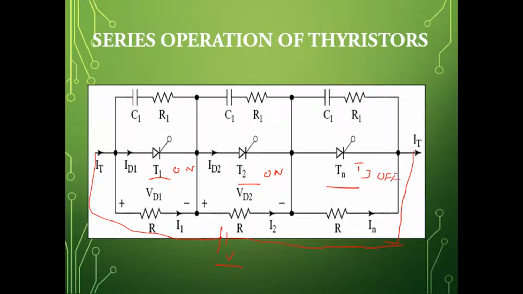What will happen in that case? Once T1 is on, the voltage across it is 0, right? Voltage across T2 is also 0. What is the voltage across T3? T3 is off. The entire supply voltage V will appear across T3, and this one particular thyristor may not be able to withstand this voltage.